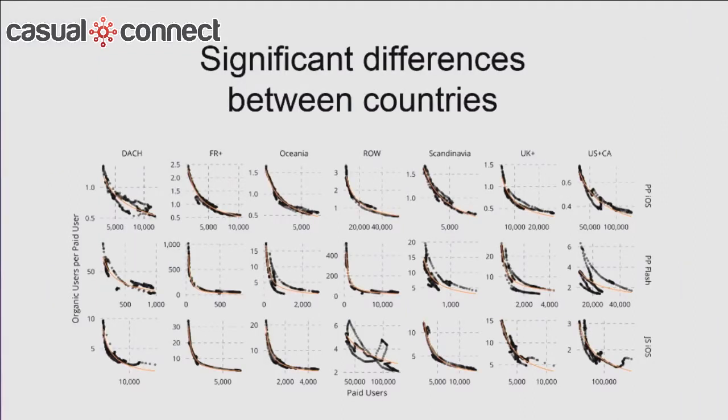The next one, I've purposely put this up here to make it look complicated. I think the takeaway, without going into these graphs, is there are very significant virality differences between countries.